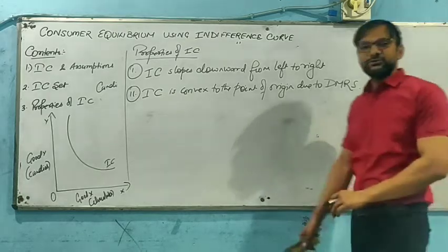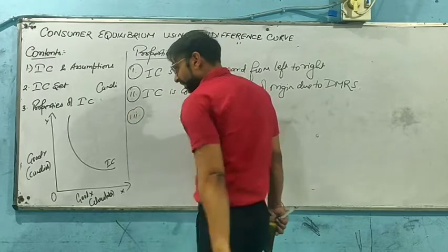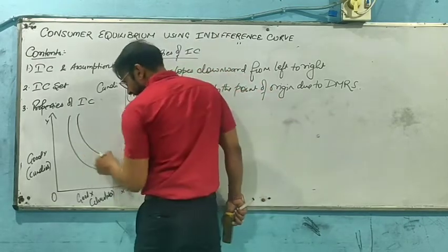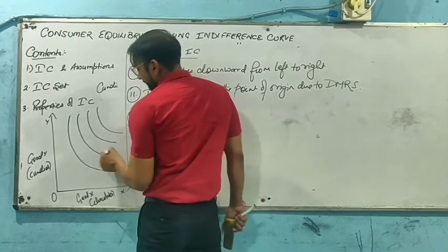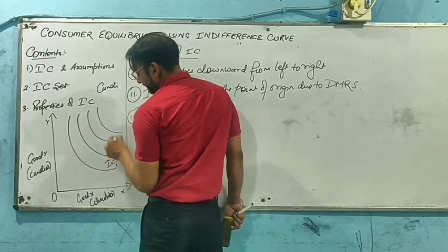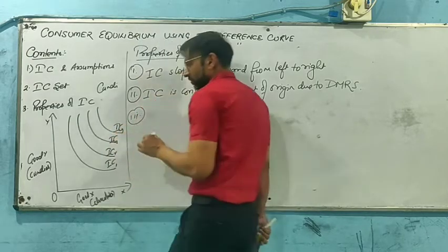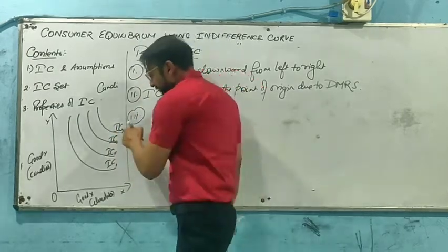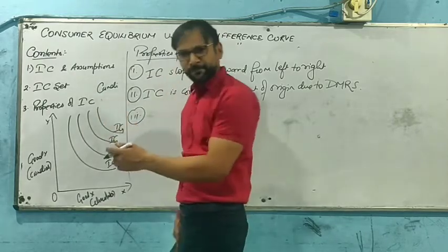Now, if we prepare more than one IC on a single graph, IC1, IC2, IC3, IC4, it means we can say IC4 is giving a higher level of satisfaction than IC3.